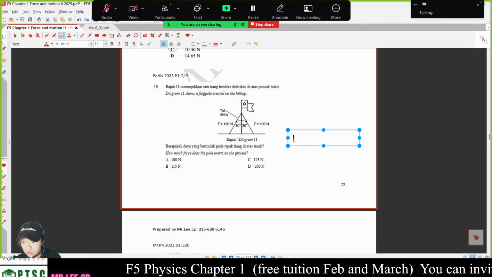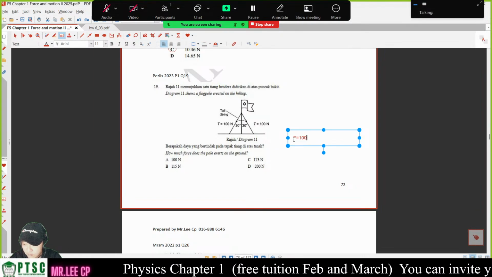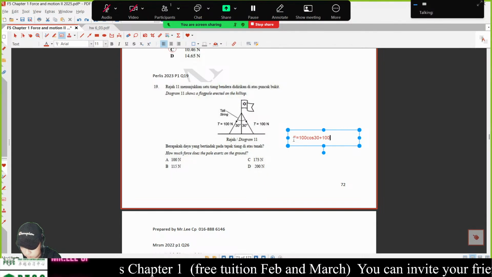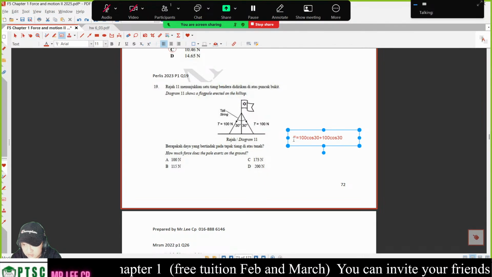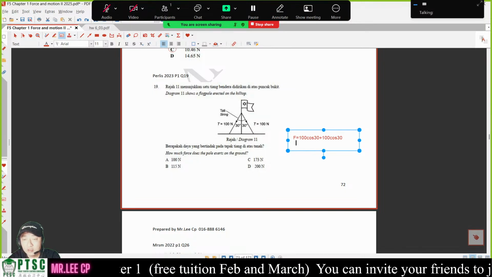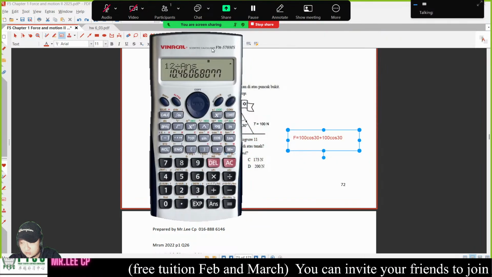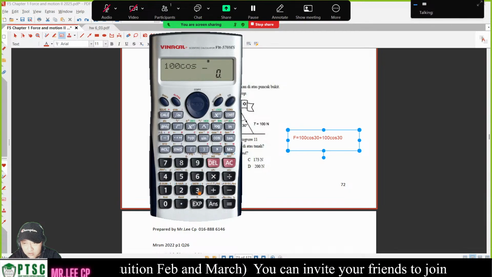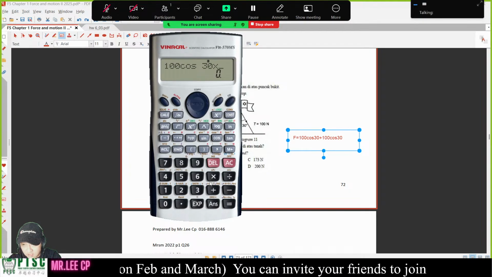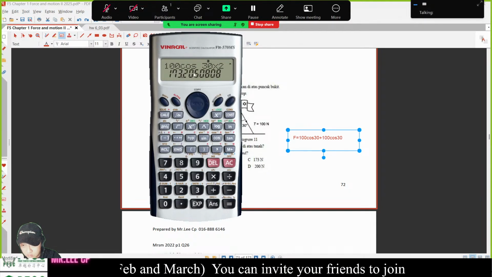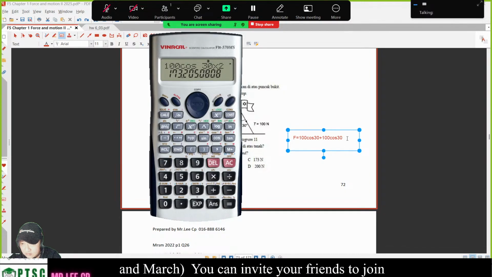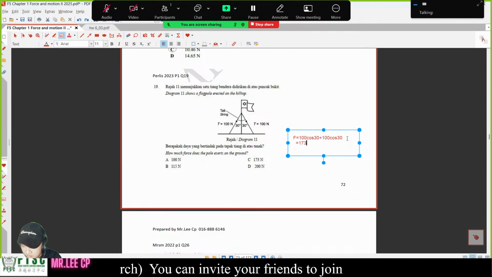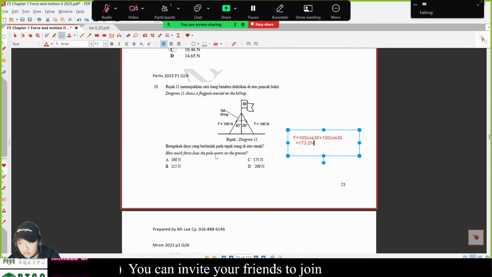So total force is 100 cos 30 times 2. So I'll get 173.2 Newton, exerted on the ground.